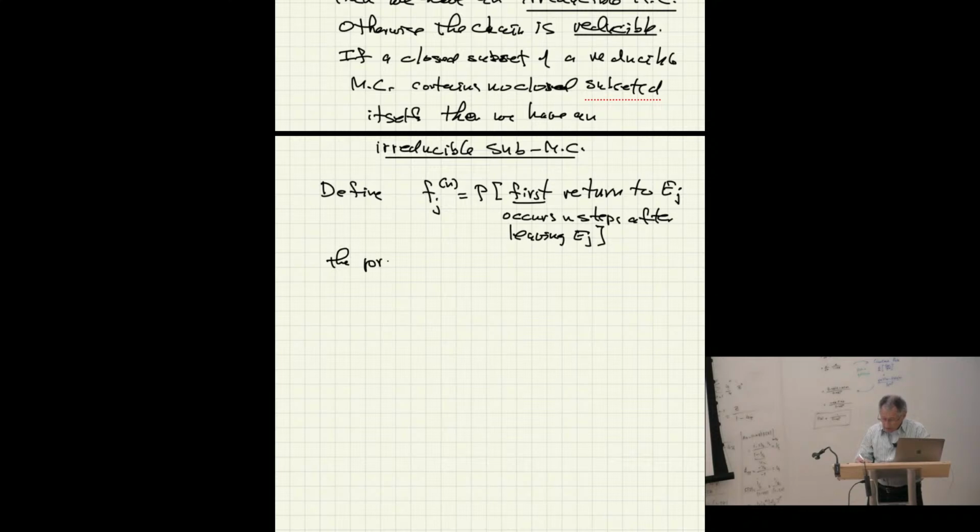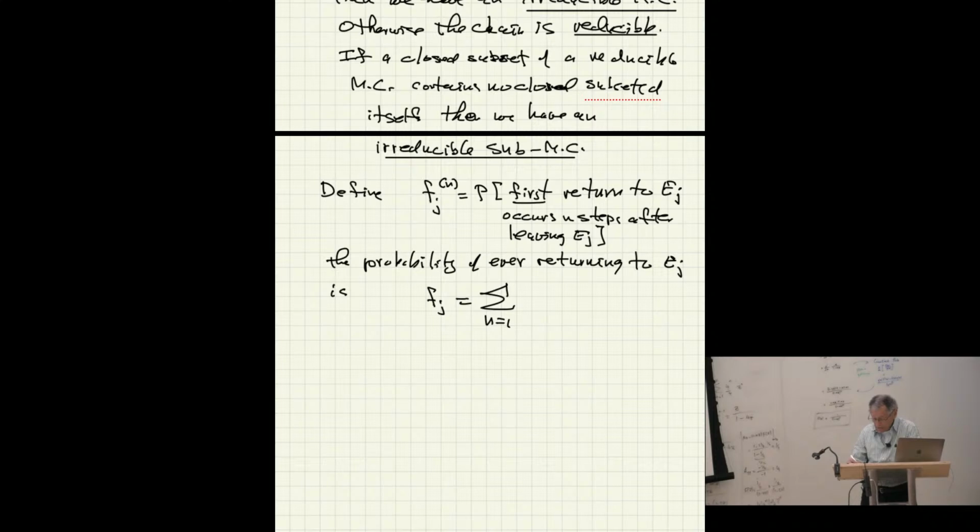The probability of ever returning to E_j I'm going to denote by f sub j without a superscript. That's clearly the sum over all possible first returns, from 1 to infinity, of f sub j super n.